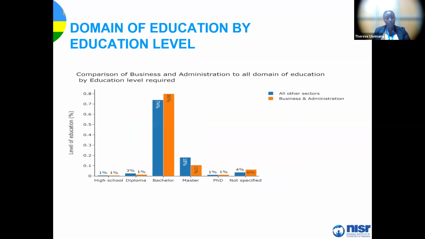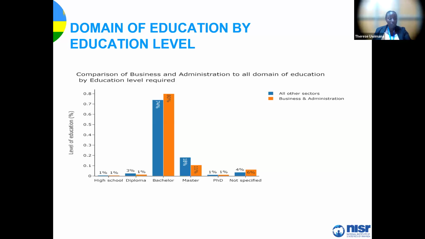And next. We also wanted to compare business and administration to other domains. We could see that in all different degrees, even diploma, business administration, the one in orange, was the most wanted, mainly at bachelor's level.